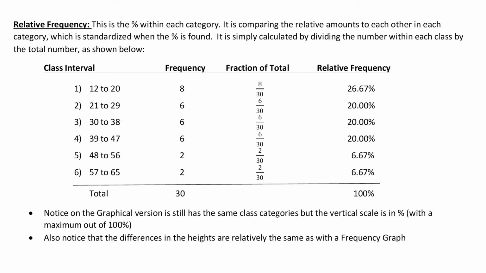Now, what you're going to see here, as I said, on the next slide, the graphs look the same visually, but instead of raw numbers, we're looking at percentages. And there's reasons we do this, depending on what story you're trying to tell.